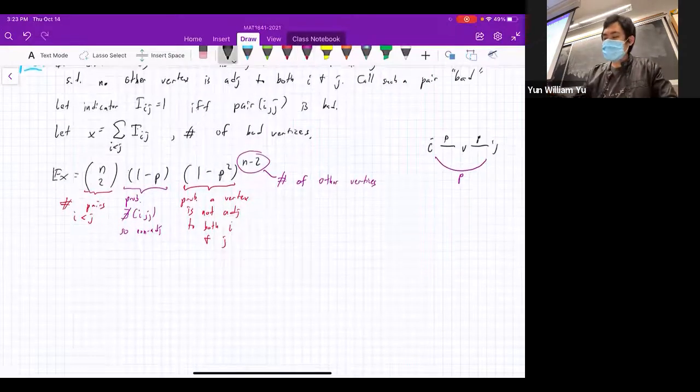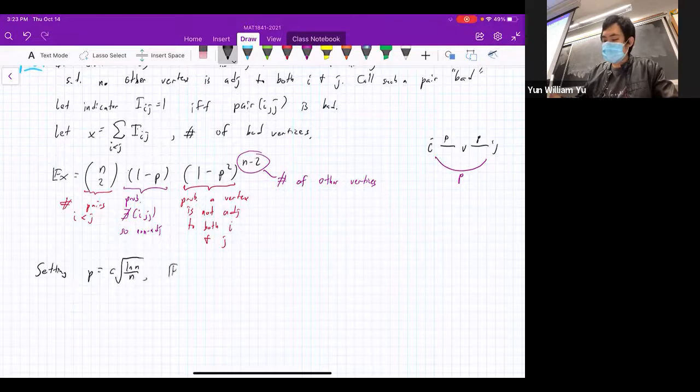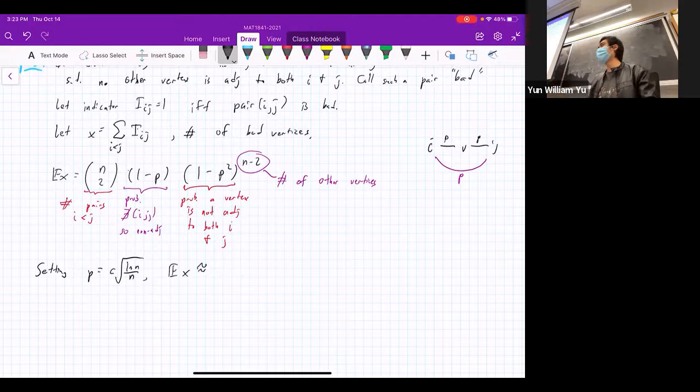And well, let's see what happens for a particular value of p. So let's set p equal to c times root ln n over n. So then the expectation of x is approximately equal. Like we did last time, we're going to be playing really fast and loose with our constants here because we're only caring about asymptotics in this section. So this is approximately equal to n squared over 2, because n choose 2 is about n squared over 2. Not quite, but close enough.